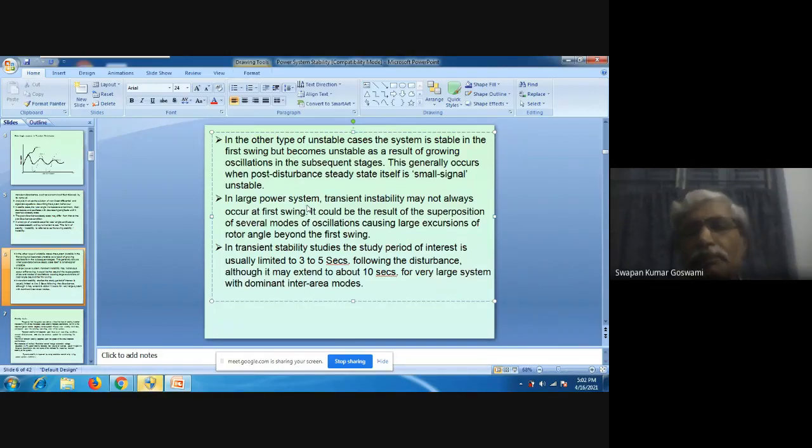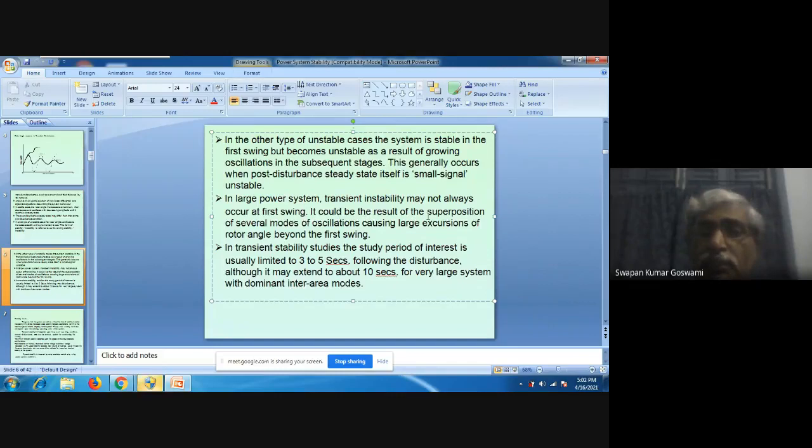Obviously the maximum impact will occur on the generator which is closest to the fault. Okay, but to the generators which are far away, the impact will be somewhat different. It will not be a similar impact always. Okay, so in large power systems, transient instability may not always occur at the first swing.